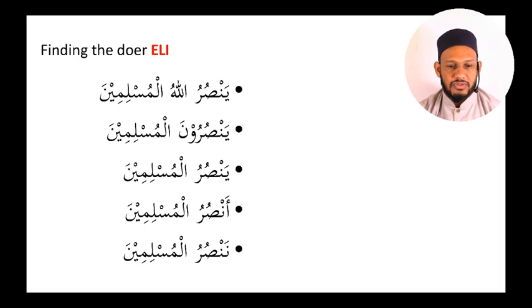So we can use the term eli: end, left, in, for us to find the fa'il. Looking at the first sentence there, it says yansurullahu al-muslimina. The word yansuru means is helping.